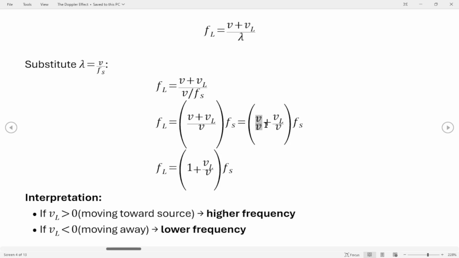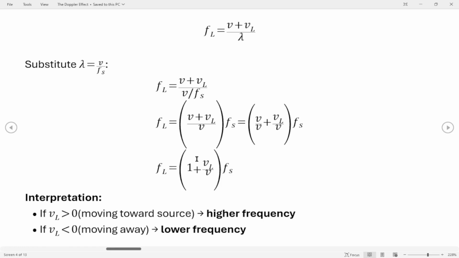All right. Now take note that once the same quantities, or shall I say variables, are divided by itself, that is equal to 1. That is why in the next line of the equation we have 1, and retain the V sub L over V, so that is 1 plus V sub L over V, then multiplied by the frequency of the source.